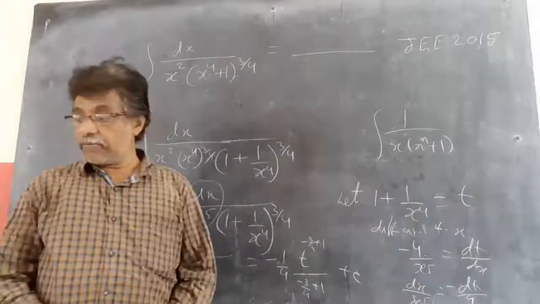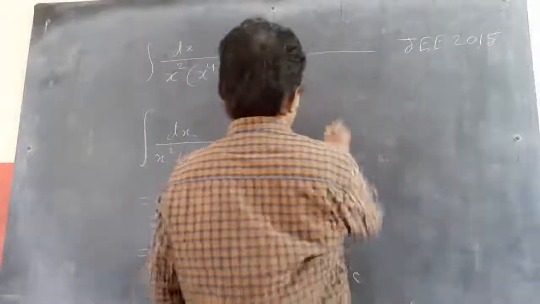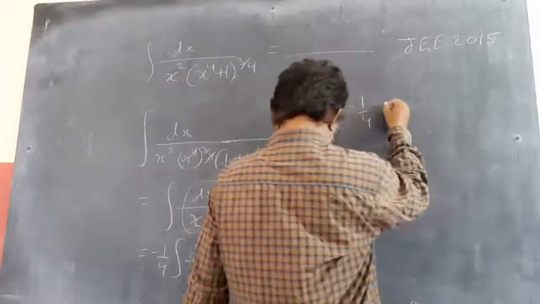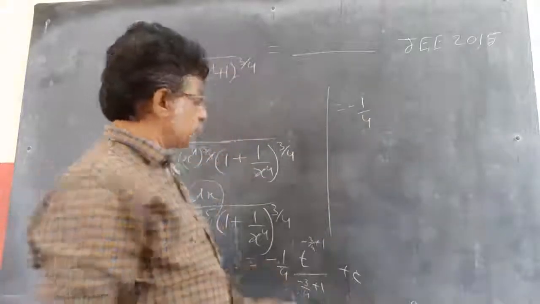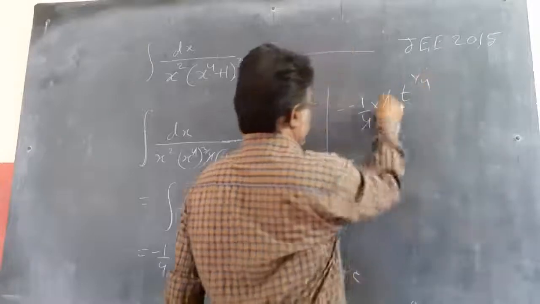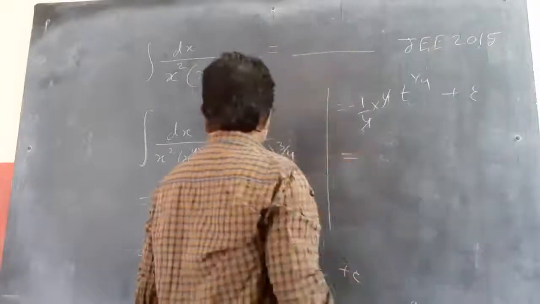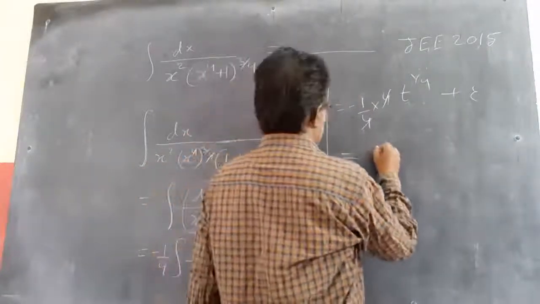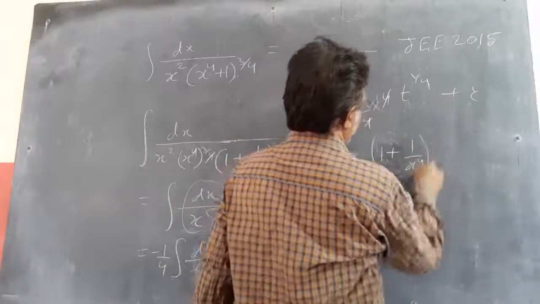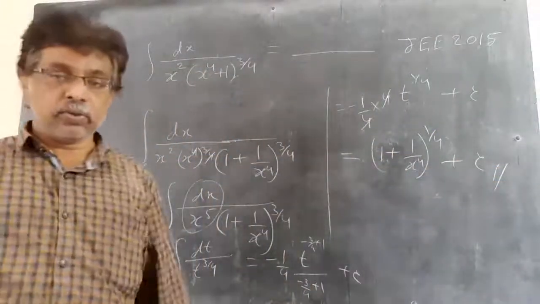So t power 1 by 4 by 1 by 4, which is minus 1 by 4 into 4 t power 1 by 4. This 4 cancels, plus c. But what is t? T is nothing but 1 plus 1 by x power 4. So it is (1 plus 1 by x power 4) whole power 1 by 4 plus c. Very simple sum they gave in 2015.